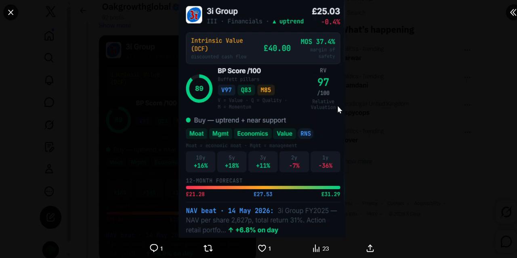We also have this other valuation ratio, relative valuation. This means what it's worth relative to its competitors. So this is the financials sector, and within the financials, this has got a good relative valuation. Below, you can also see what the stock has returned on average the last 10 years.